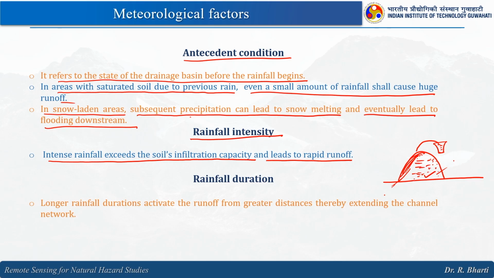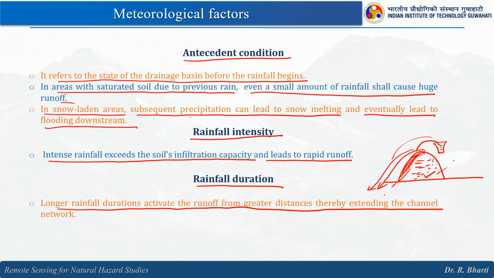This soil will get saturated and then you will have the runoff, and this runoff will be directly proportional to your rainfall. Rainfall duration. Longer rainfall duration activates the runoff from greater distances, thereby extending the channel network.